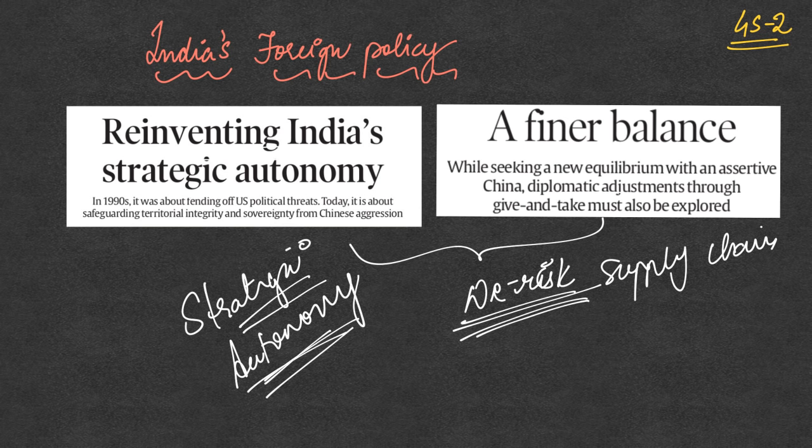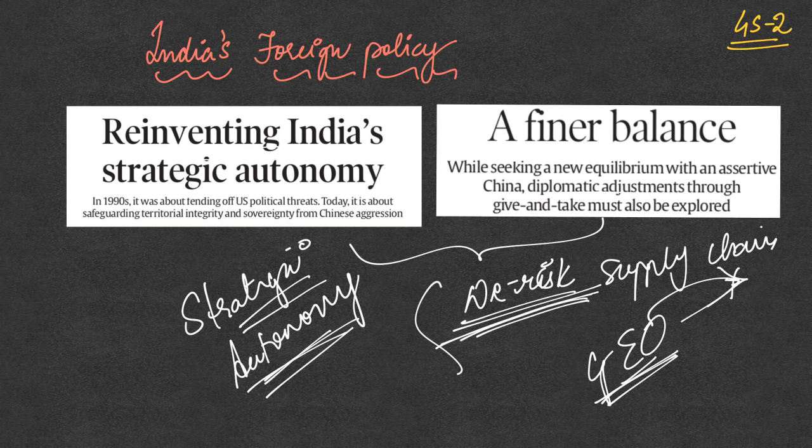So what the External Affairs Minister was referring to is that we need to rearrange the global economic order. Now there is an excessive dependence on China, and from here we need to shift to a new global order where we are de-risking the supply chains, and these supply chains are not excessively dependent on China.